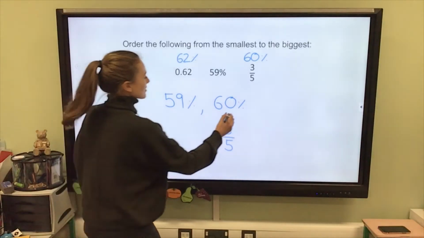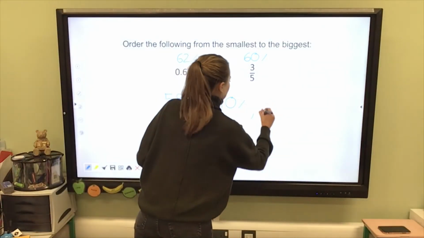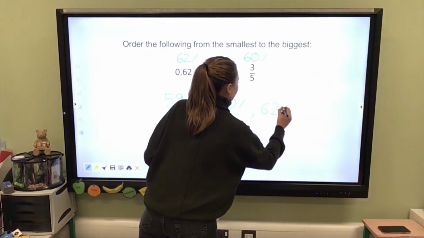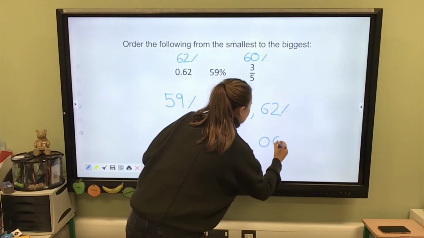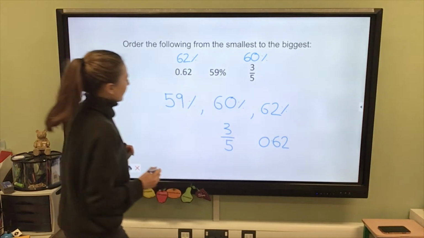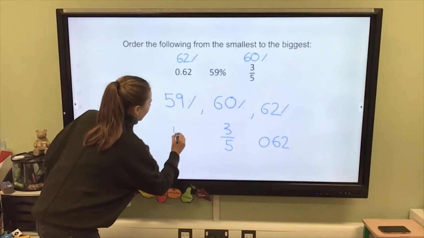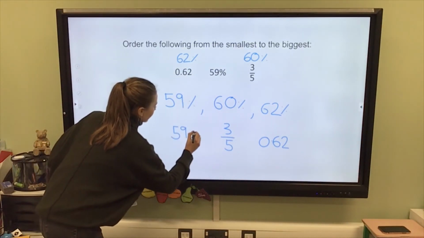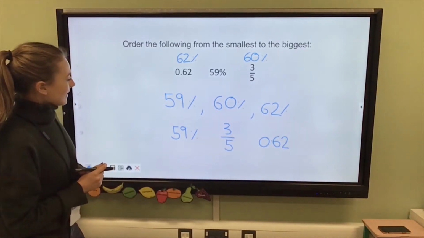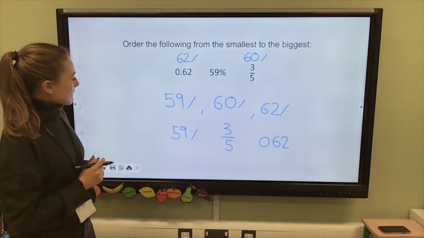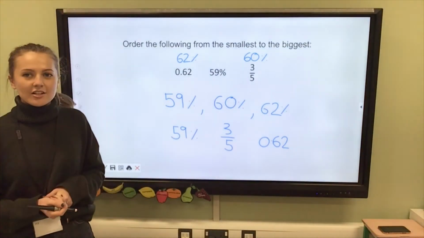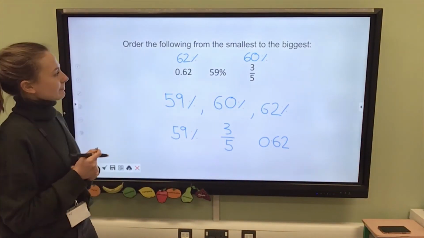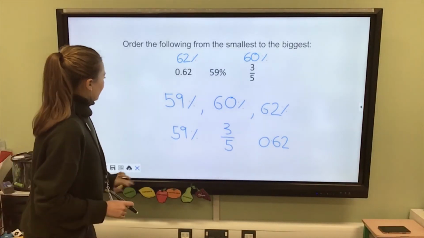And then the last one, my largest one, is 62%, which is equivalent to 0.62. So I'm just going to fill in this gap here, 59%. So 59% is my smallest, then 3/5, and then 0.62 is my largest over there. Did you get the same? Hopefully.